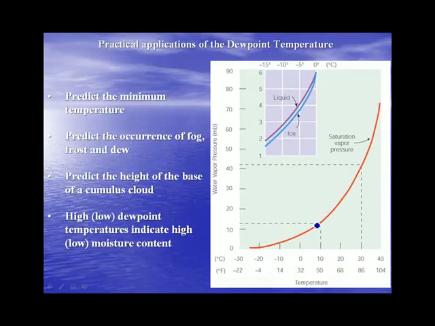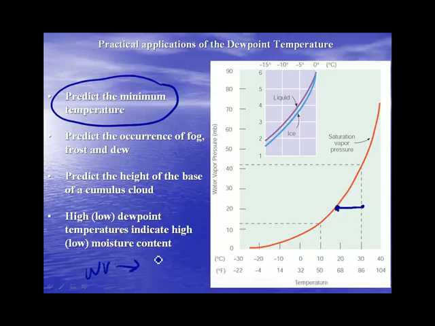Well, some practical applications of the dew point temperature. We know that the actual air temperature cannot drop below the dew point temperature, right? Let's say, for instance, we take an air parcel here at 30 and we cool it until it condenses. This point is the dew point temperature. Once we go from water vapor to liquid water, recall that we have a phase change and we release latent heat.